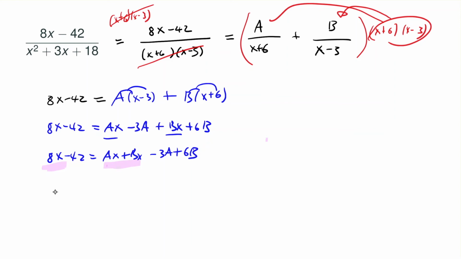Right? That means that a plus b must give us 8, because ax plus bx, collect like terms, must give us 8x. And this right here, negative 3a plus 6b must give us negative 42.